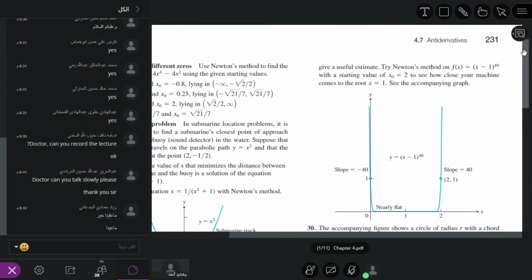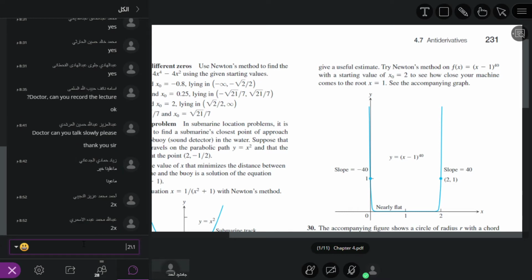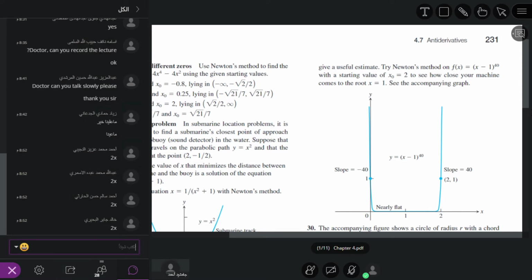So what is the derivative of x squared? Yes, 2x. Okay, it is 2x.